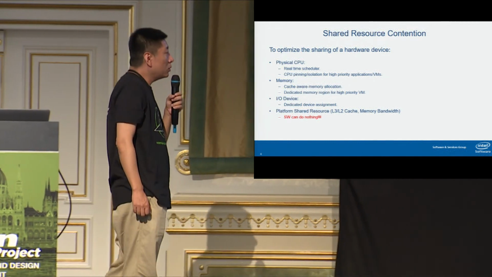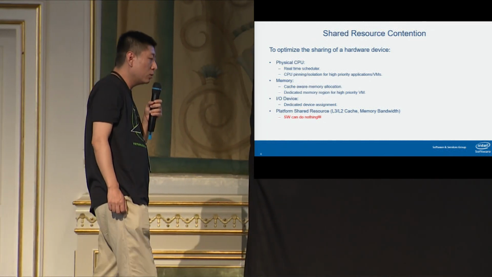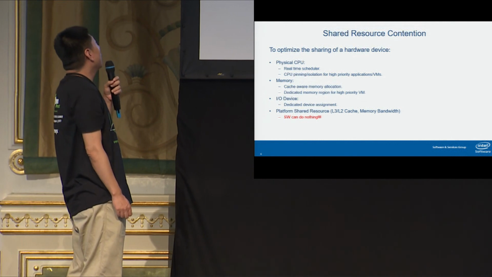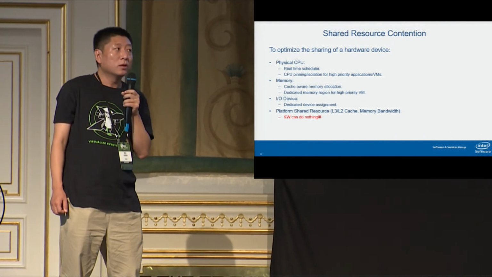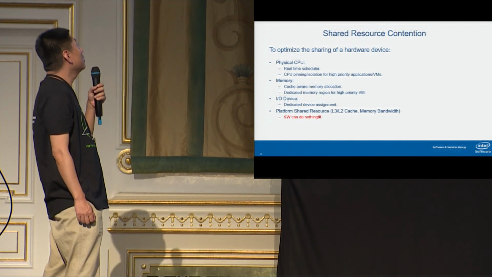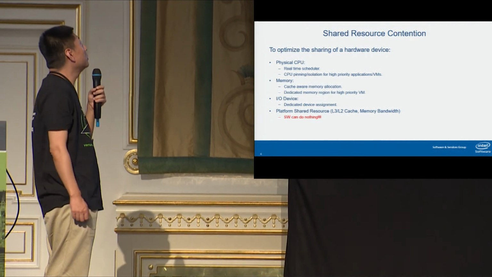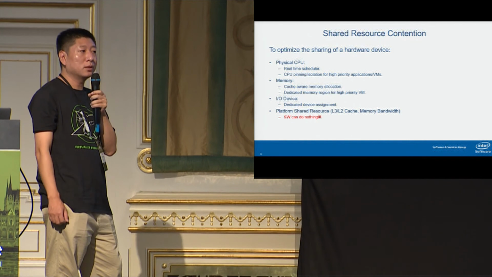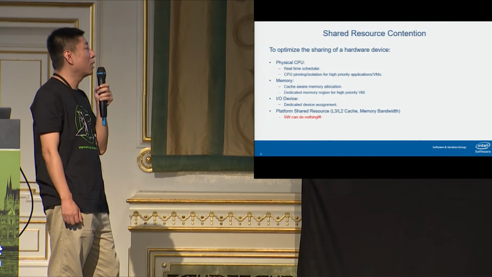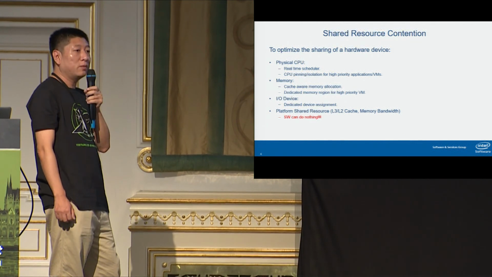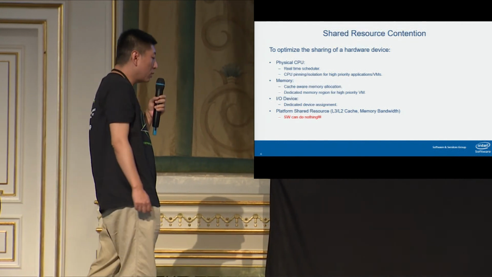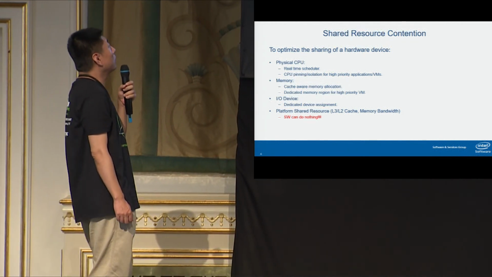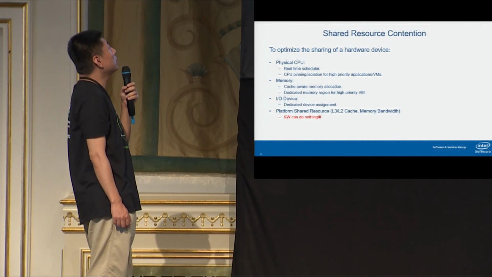As you know, software has many approaches to optimize the sharing of different kinds of hardware. For the physical CPU, we have the real-time scheduler to guarantee determinism for high-priority applications or VMs, or we can pin the CPU for a specially prioritized application.